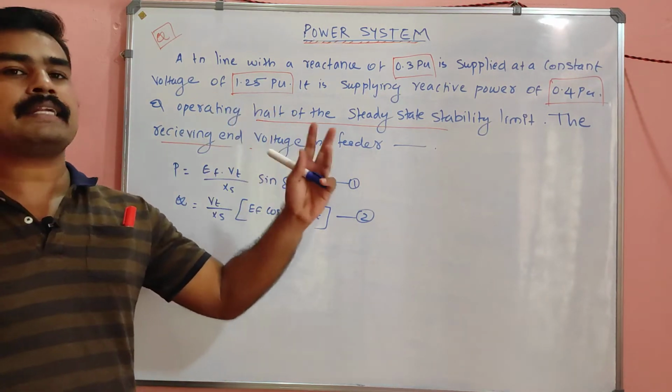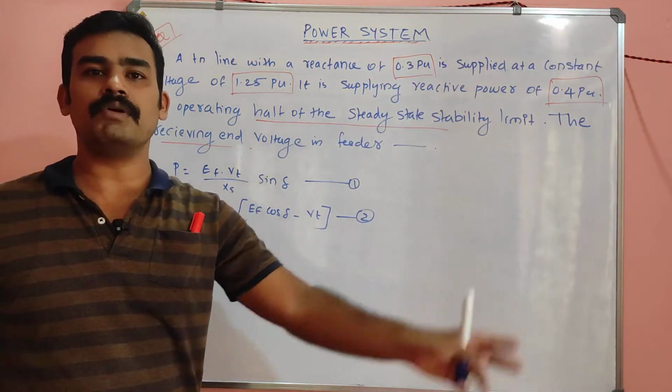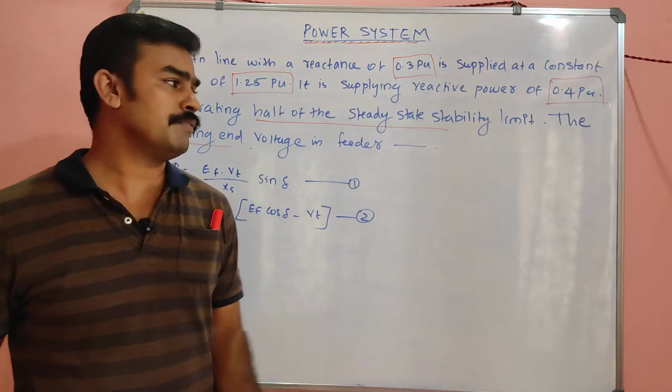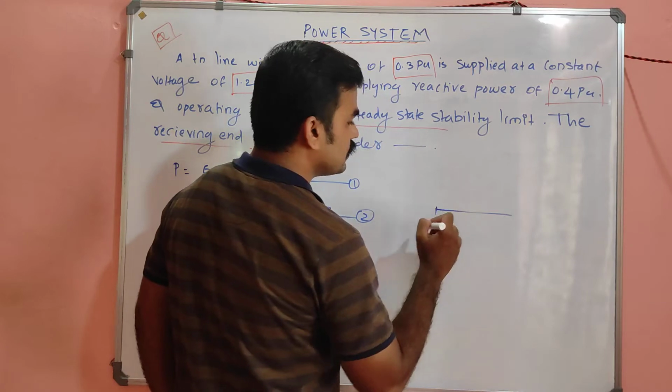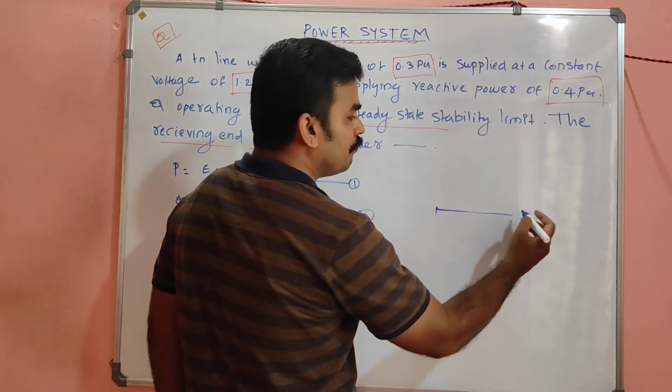That alternator concept, having an induced EMF and a terminal voltage, can be extended to the concept of a feeder also. The feeder has a starting end voltage and, after a long distance, a receiving end voltage.